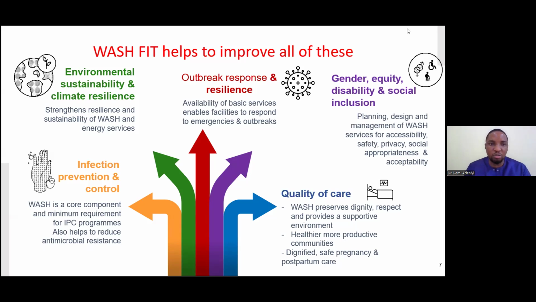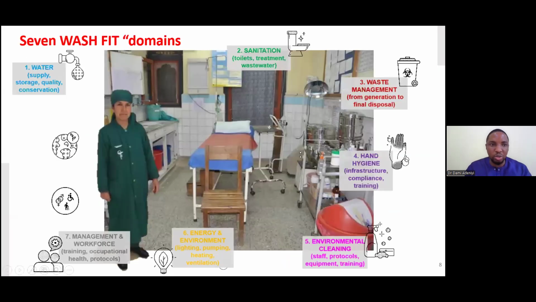In the process of planning and improving WASH services, one of the things that is very critical is the ability to ensure that people with disability and then factoring in the peculiar needs of both genders, you have to consider that when you go through the WASH FIT cycle. So these are some of the areas where the WASH FIT helps you to improve.